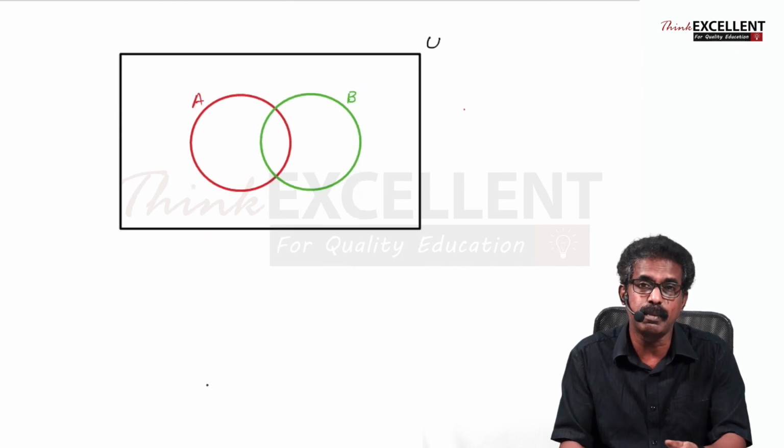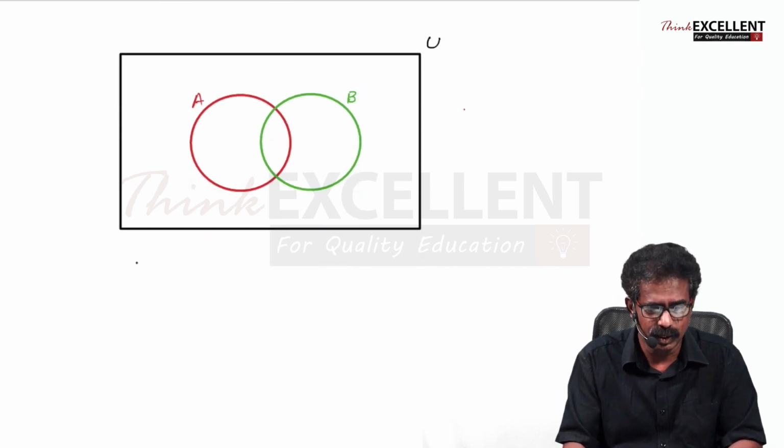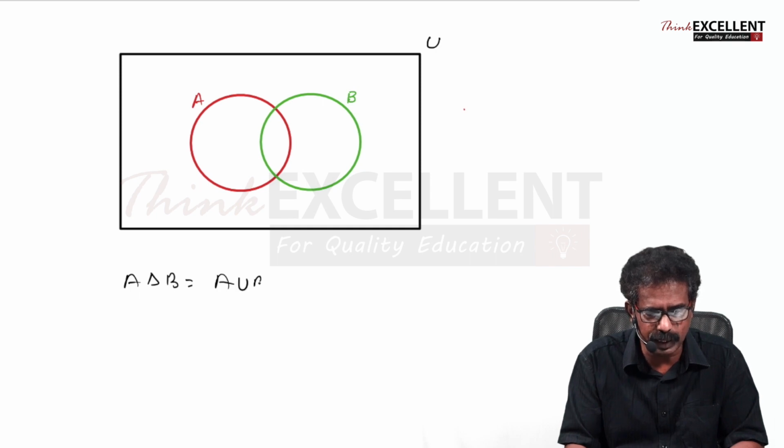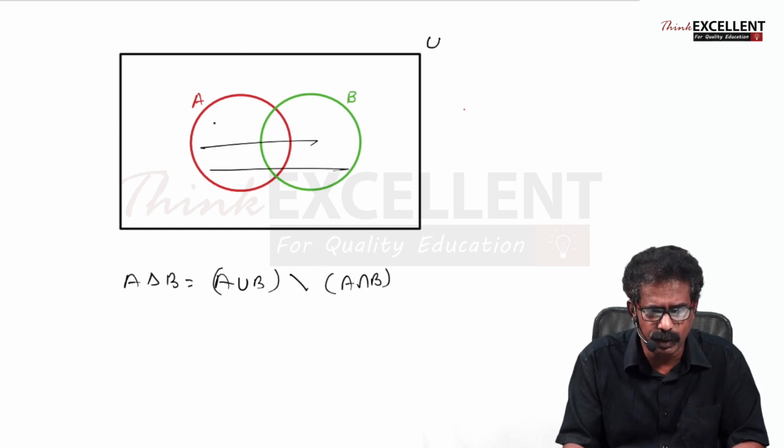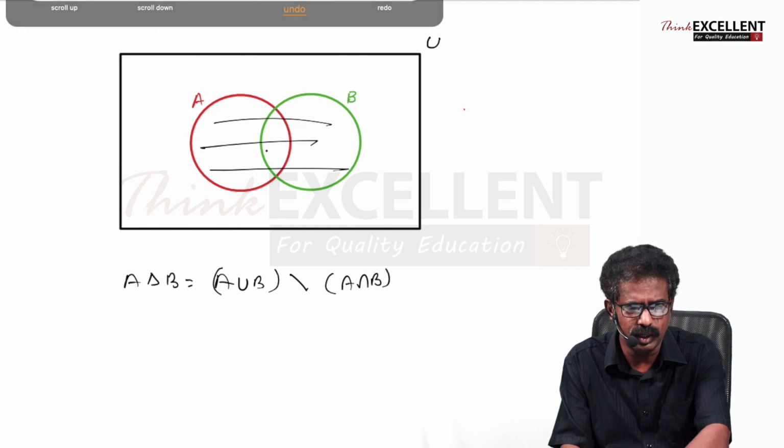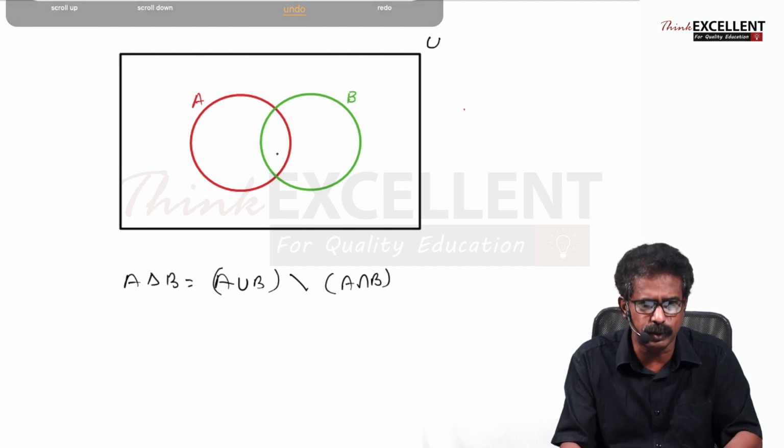But same thing can be defined in another way we said, right? So A delta B can be written as A union B difference A intersection B. A union B means the full portion, right? From the full portion, remove A intersection B. A intersection B means this portion, that you remove. So what you get, from the full portion, you remove that portion.